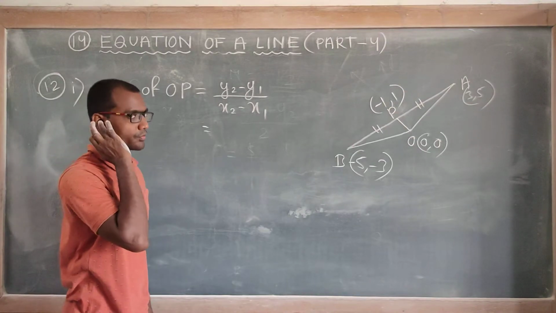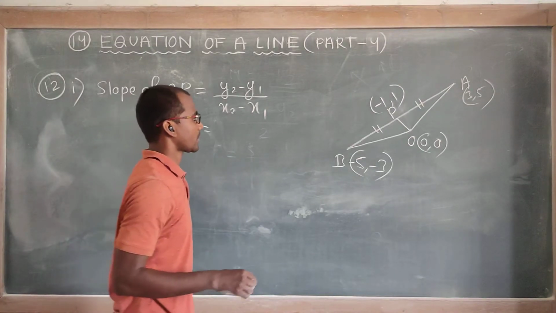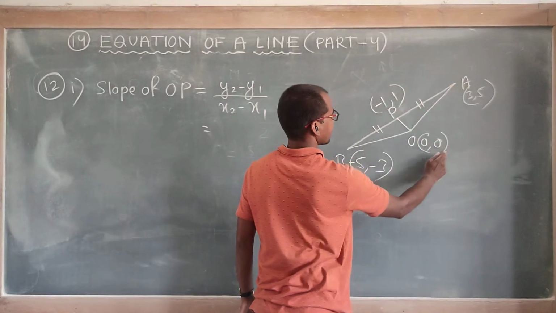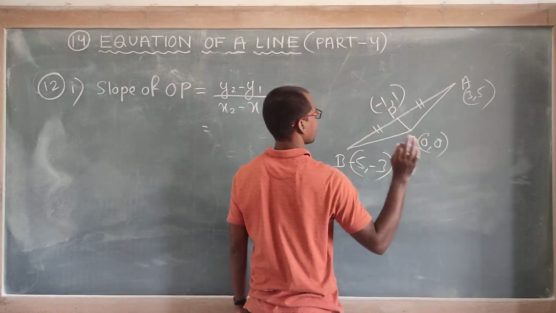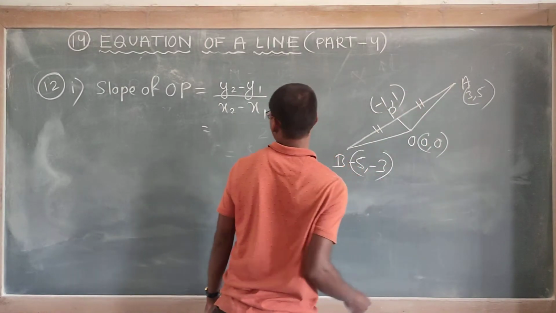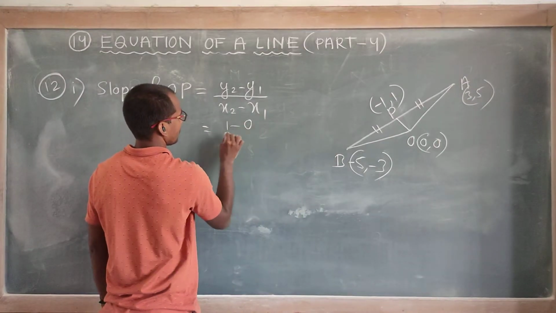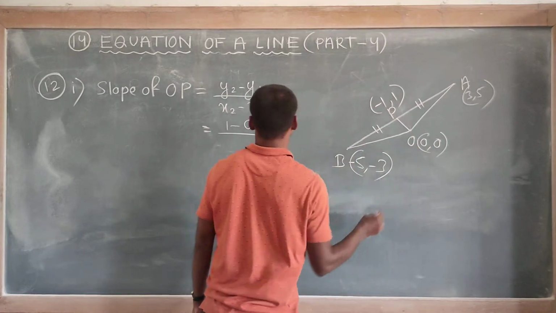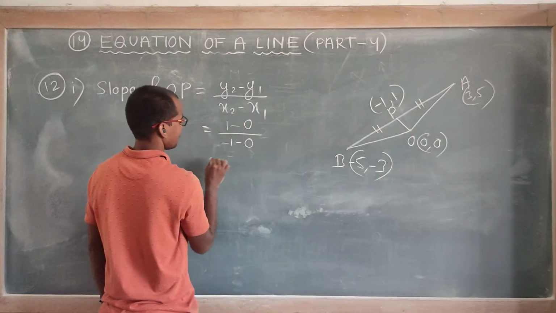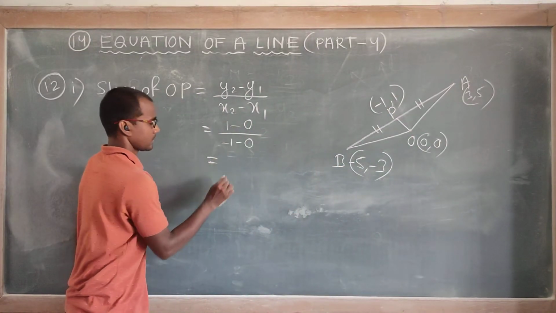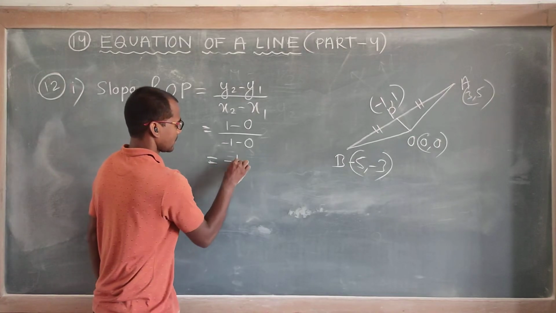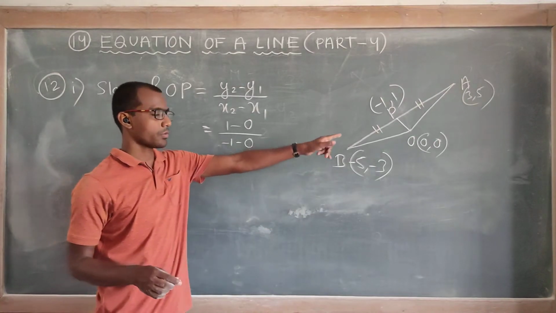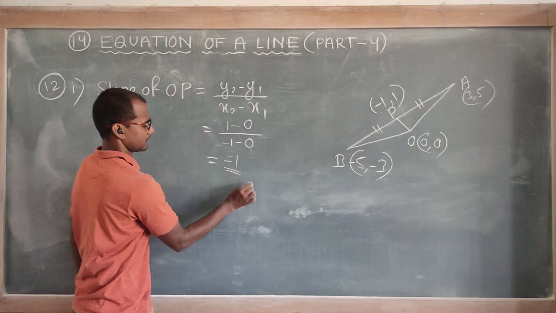Okay, the 2 points. So y2 minus y1 means 1 minus 0, by x2 minus x1 means minus 1 minus 0. So 1 by minus 1, which is minus 1. We got the slope of the line OP: minus 1.